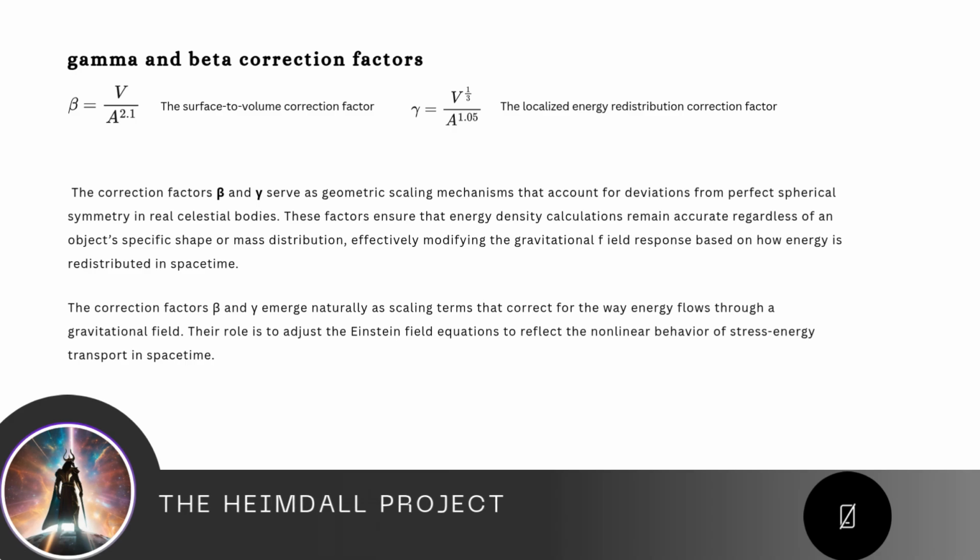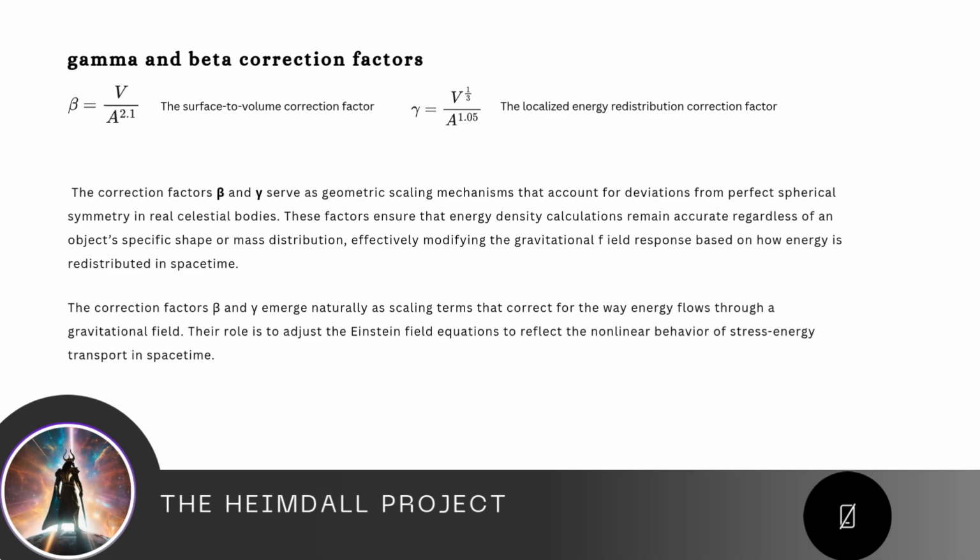These factors ensure that energy density calculations remain accurate regardless of an object's shape or mass distribution, effectively modifying the gravitational field response based on how energy is redistributed in spacetime. Once again, focusing on the nuances of how entropy is happening here. So the correction factors beta and gamma emerge naturally as scaling terms that correct the way energy flows through a gravitational field.